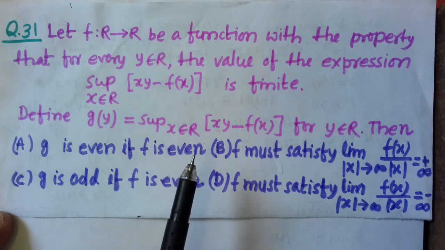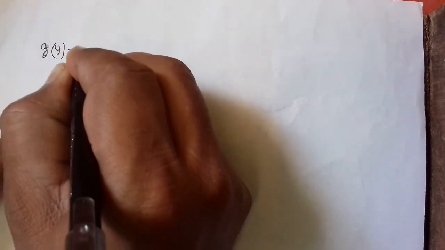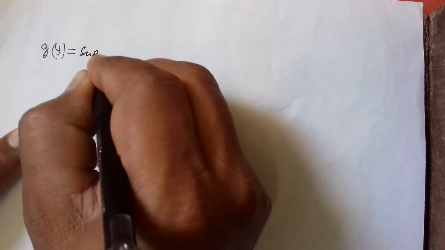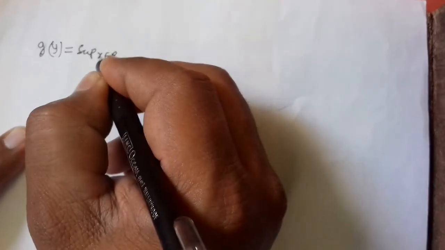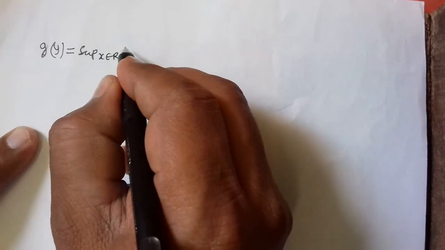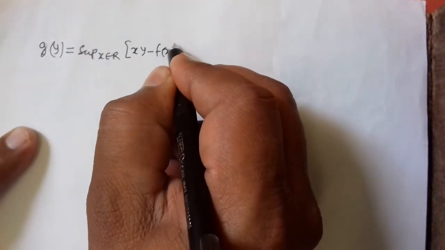So let us write the function G. We have to say about G. So we write the function G here. You see g(y) equals sup, where sup means supremum, the maximum value, not a local maximum, the overall maximum, of xy minus f(x).